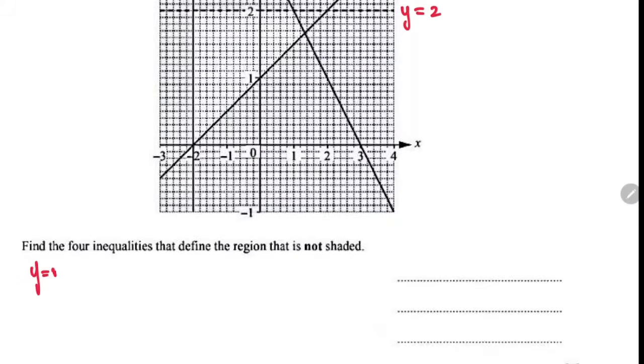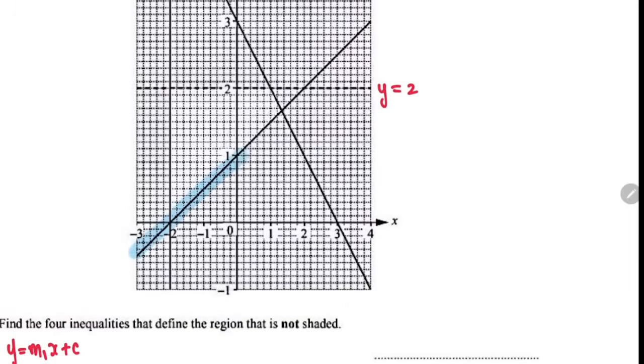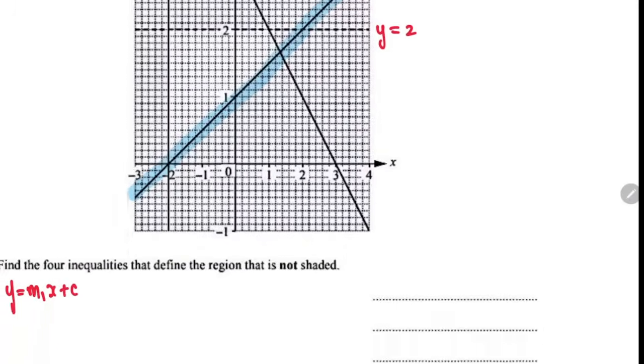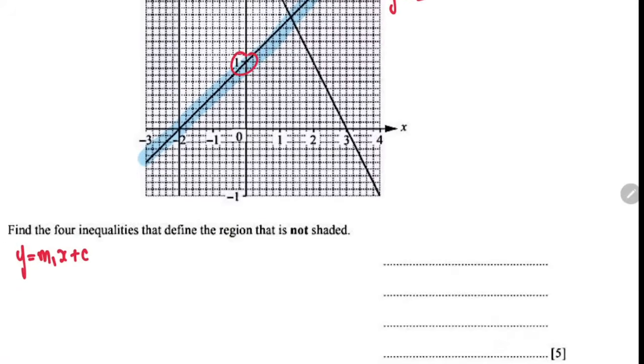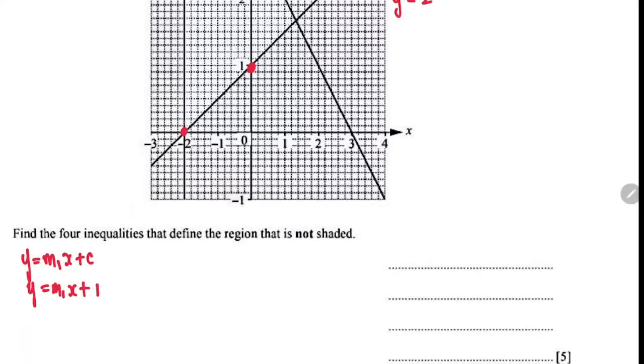y is equal to m1x plus c. I'm doing it for this one. Where does it cut the y-axis? At 1. So y is equal to m1x plus 1. Then, next, start from maybe here and get to here. How many steps does it move? In the y, it goes one big step because it's from 0 to 1.